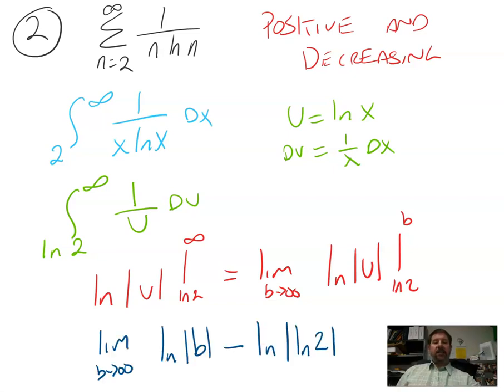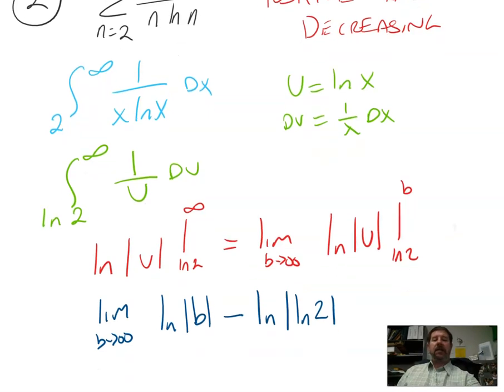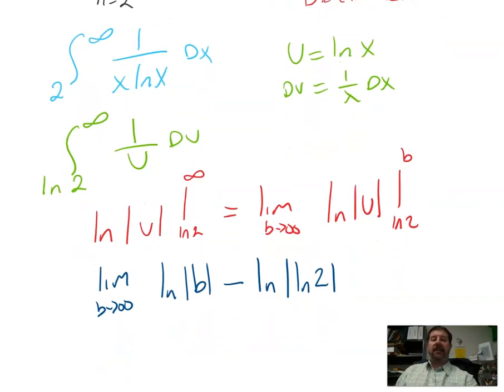And we get the limit as b approaches infinity of ln of b minus ln of 2. If I evaluate this limit, ln of b goes to infinity, minus ln of 2, which is just some number. So infinity minus a number is infinity. So this is going to diverge.